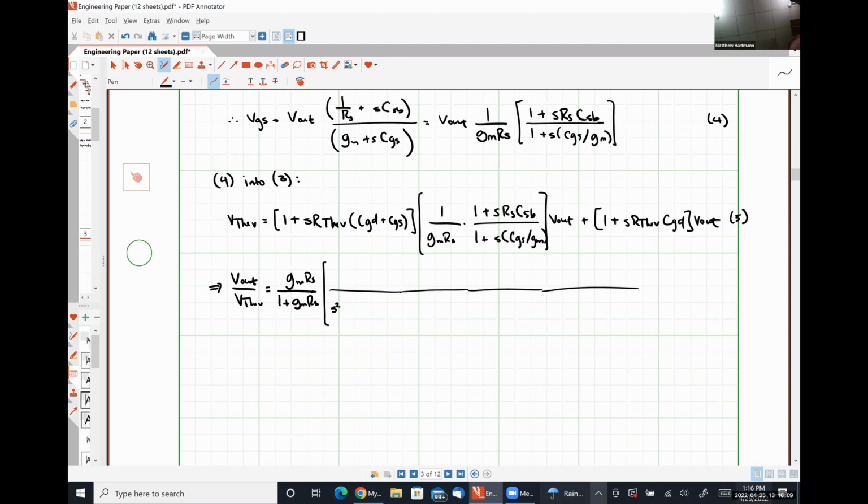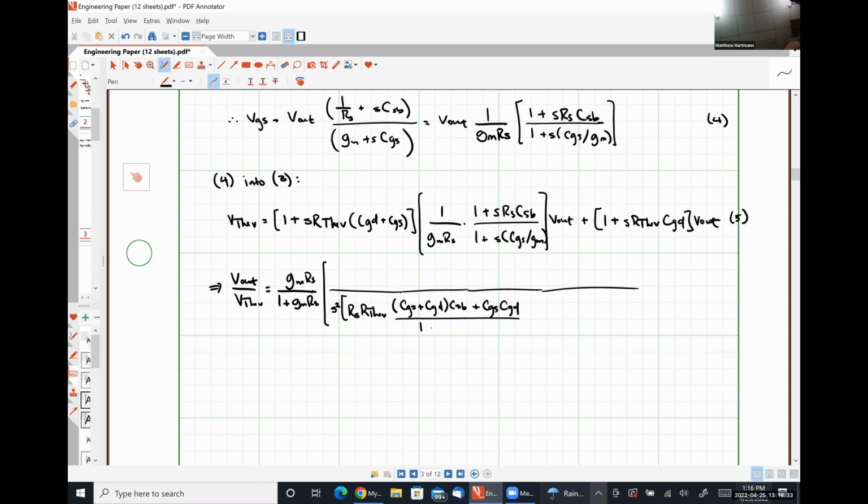S squared times RS RThev times CGS plus CGD times CSB plus CGS CGD.